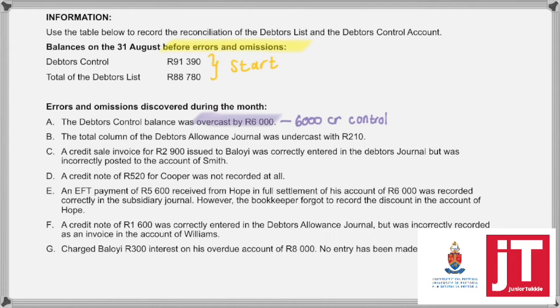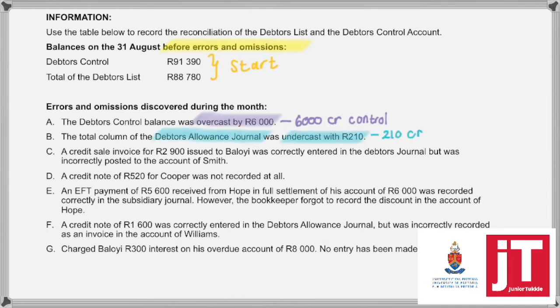Then number B, the total column of the debtors allowance journal was undercast with 210 Rand. So yet again, the journal was undercast. So if a journal was undercast, it is the control account that needs to be fixed. So undercast on the debtors allowance means that we have minused off 210 Rand too little.